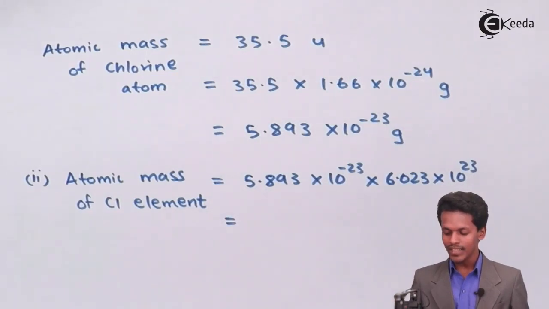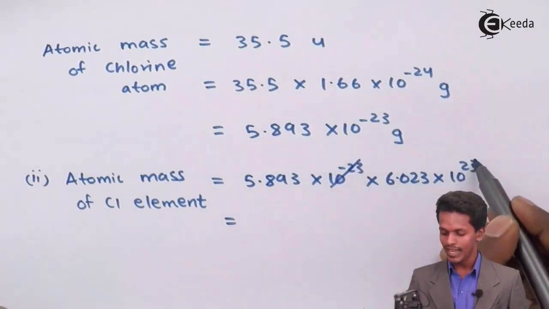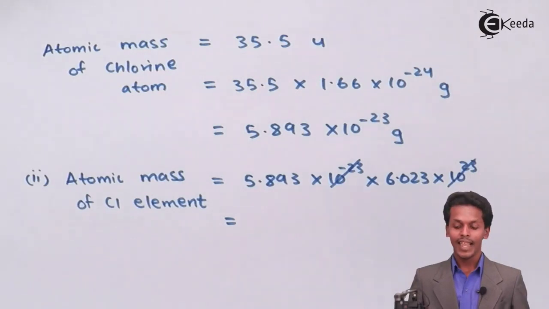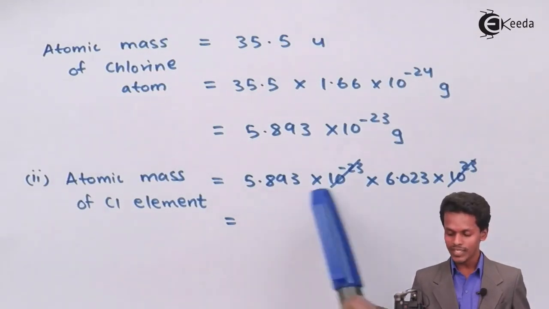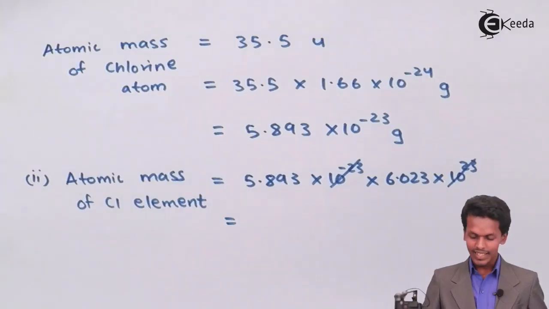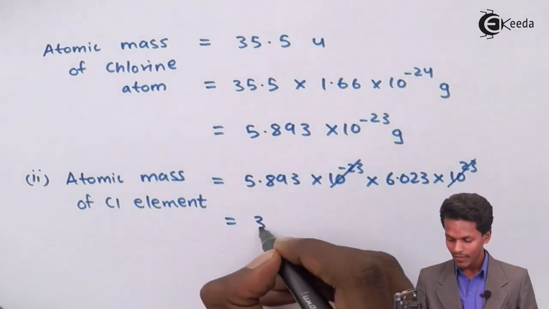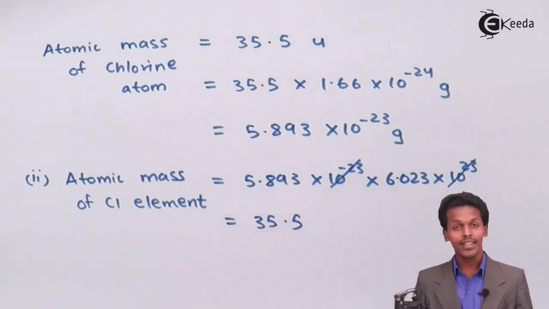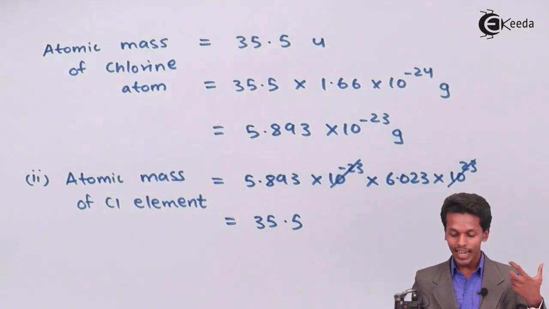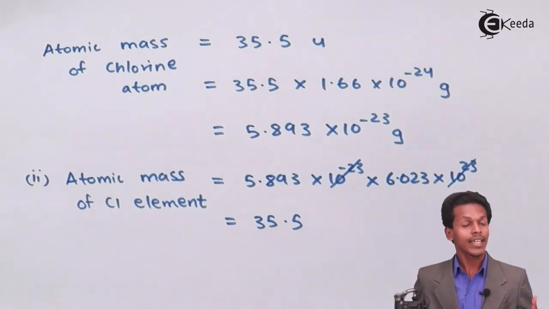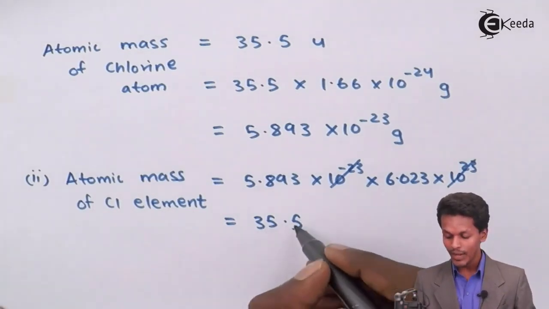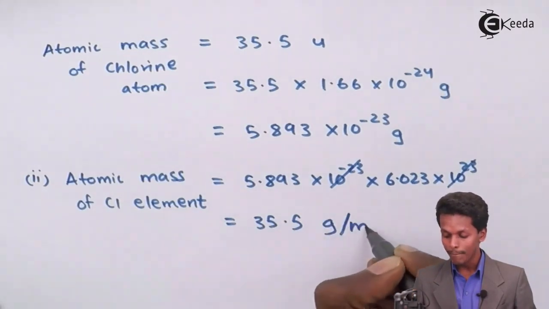So after calculating this, we could get that 10 raised to minus 23 and 10 raised to 23 will be cancelled out. And now it will be very easy to calculate these two things, as this is found to be somewhere 35.5. But the unit, because we are calculating the atomic mass for chlorine in element form, would be 35.5 gram per mole.